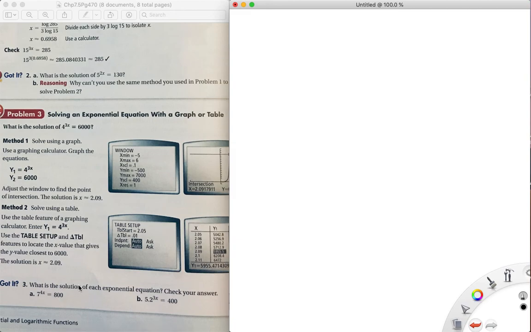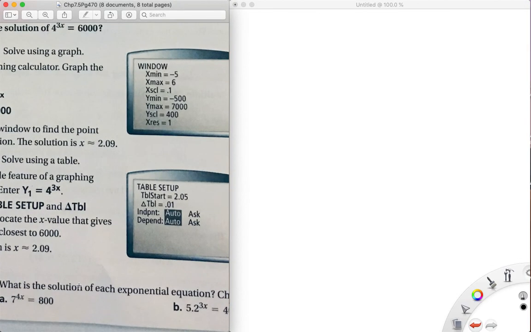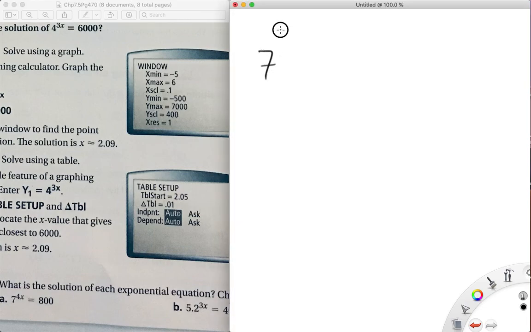If I wanted to solve this by graphing, 7 to the 4x equals 800, I'm going to break this up into two different graphs. The first graph is going to be 7 to the 4x, and I'm going to graph that curve. It looks something like that.